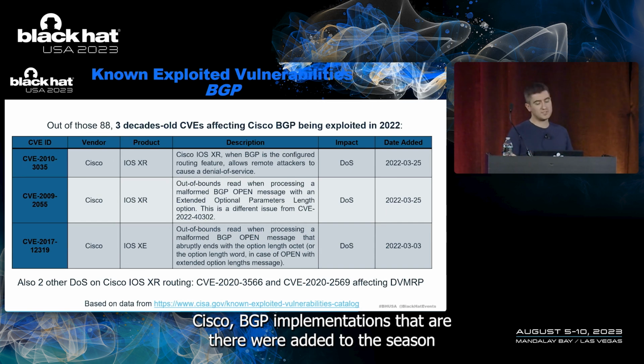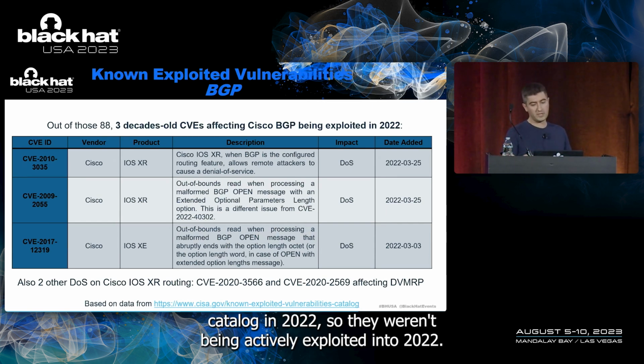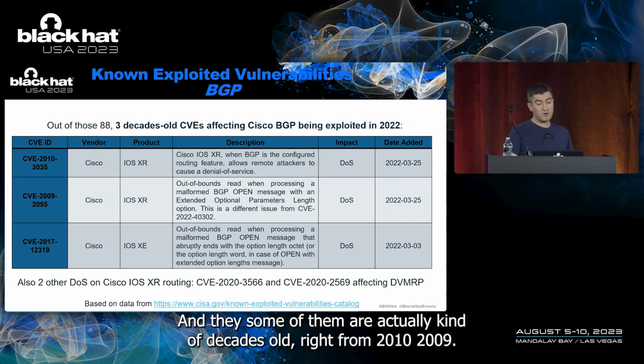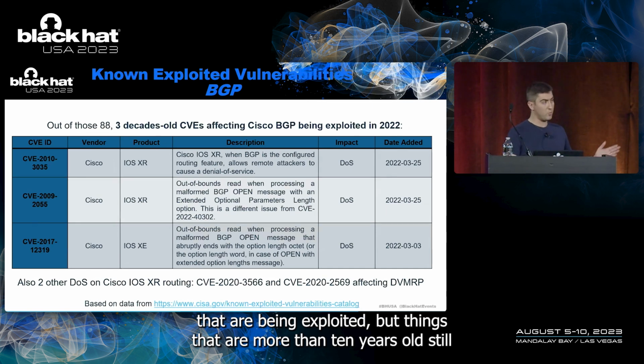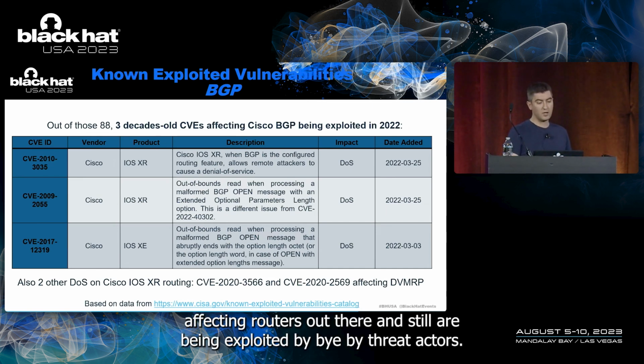They were added to the CISA catalog in 2022, so they were being actively exploited into 2022. And some of them are actually kind of decades old, right, from 2010, 2009. So it's not just the latest and greatest popular vulnerabilities that are being exploited, but things that are more than 10 years old, still affecting routers out there and still being exploited by threat actors.